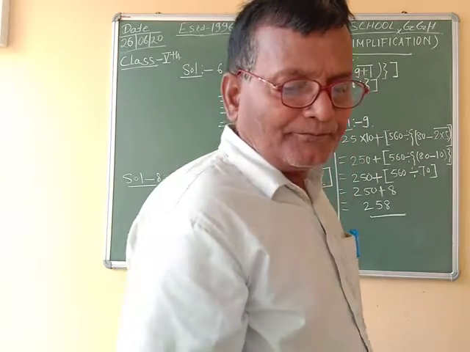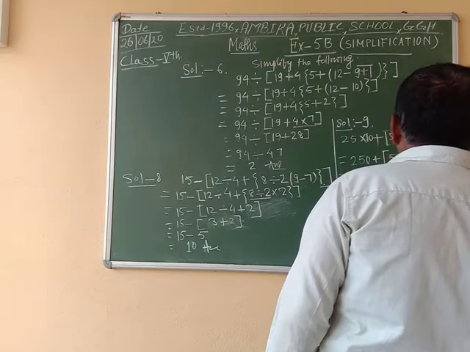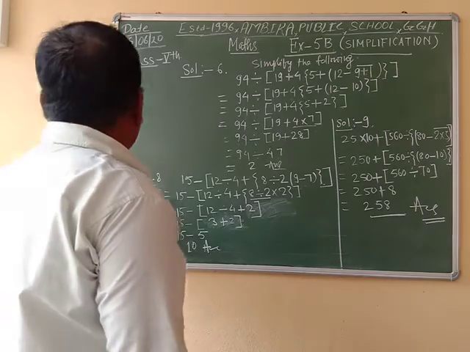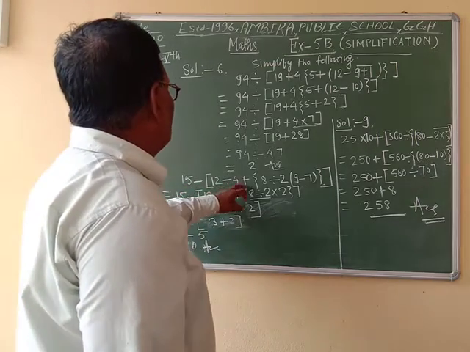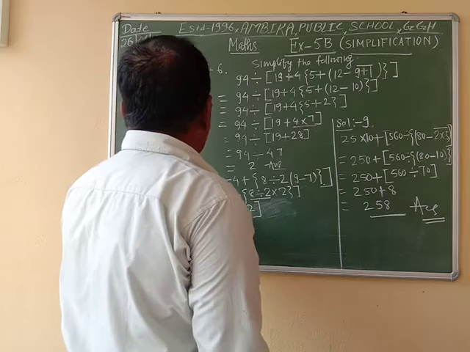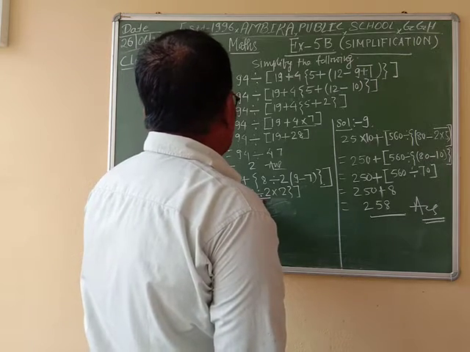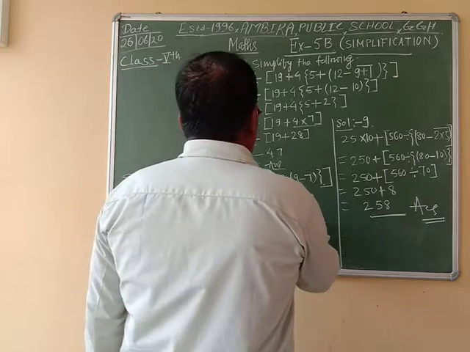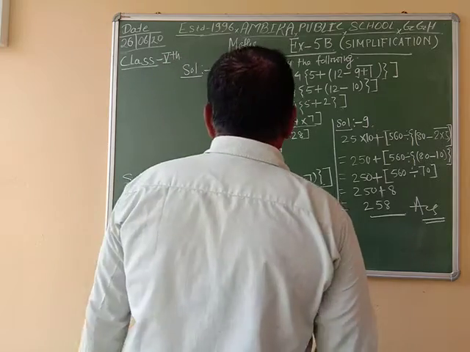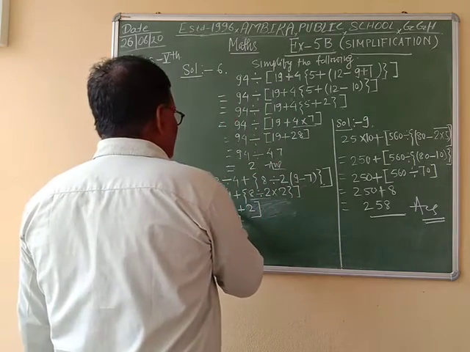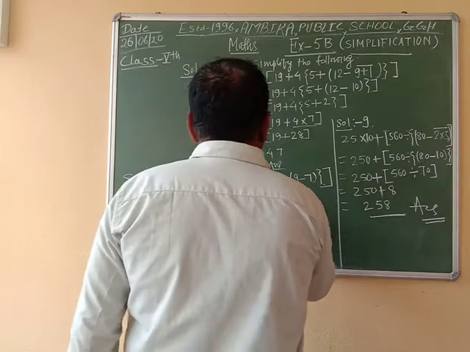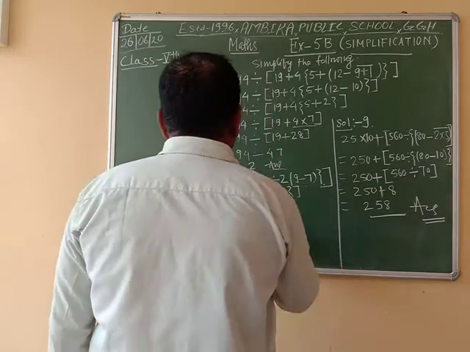So the answer of question number 8: 15 minus 12 divided by 4 plus 8 divided by 2 into 9 minus 7. 2 into 2 is equal to 4. 15 minus 12 divided by 4 plus 8 divided by 4. 8 divided by 4 is equal to 2.